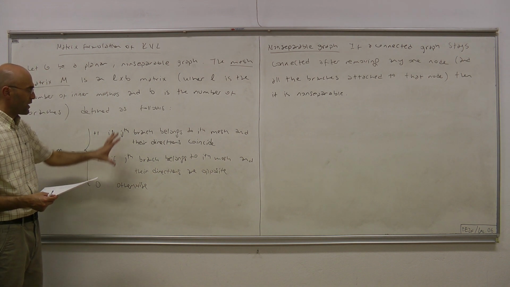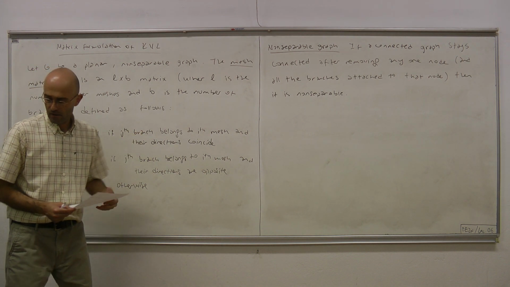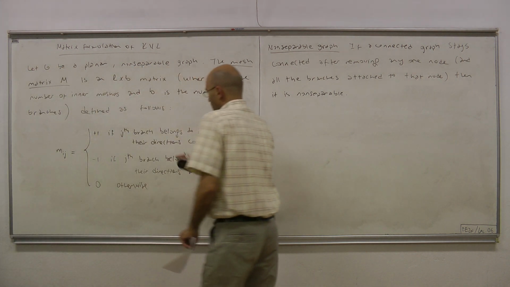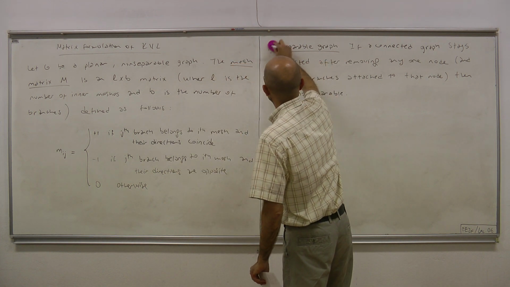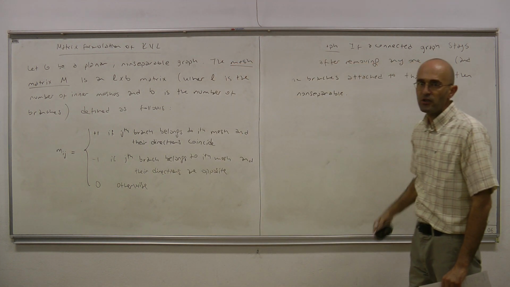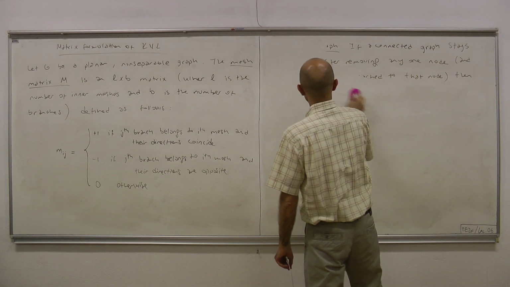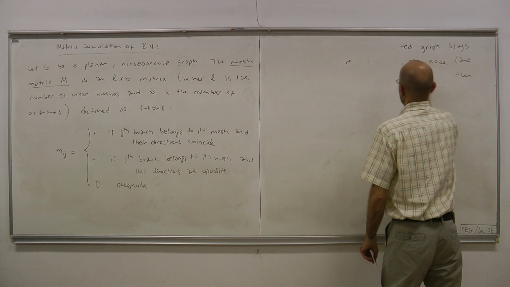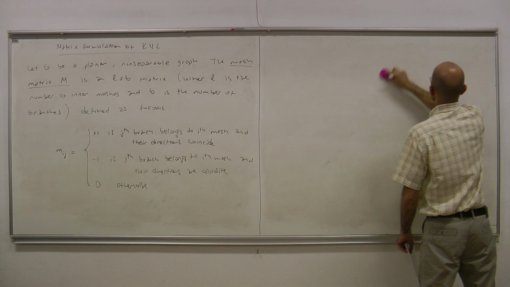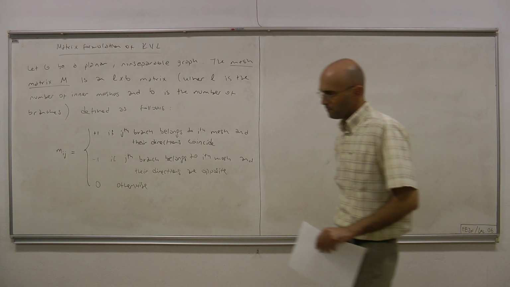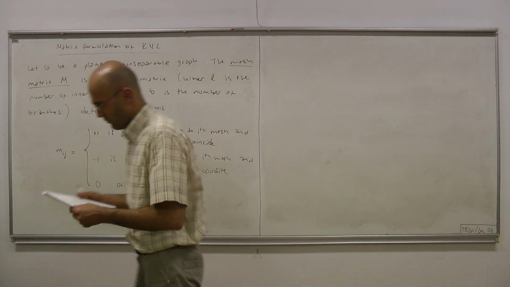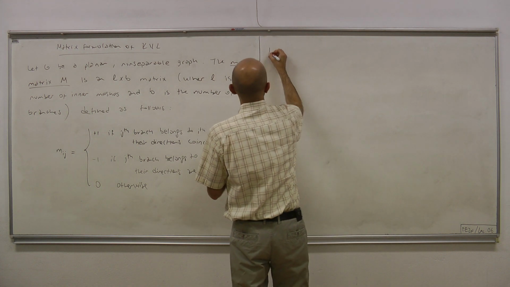Okay, now let's try to understand what we mean by that definition. For that we have to define inner mesh, and I'm going to define inner mesh over a graph. Example.